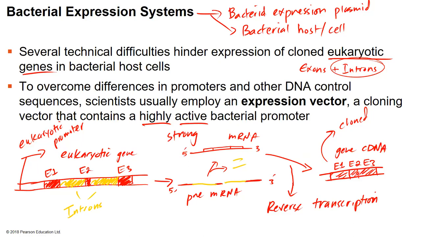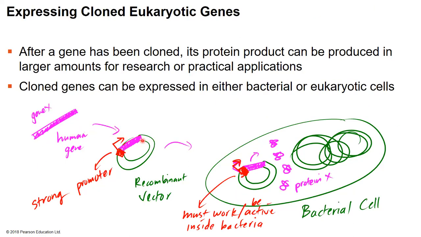So we need to take the cDNA and clone it into a vector, and put the gene. Okay, so it might be gene X, but we are cloning, for example, here gene X cDNA. So C stands for complementary.